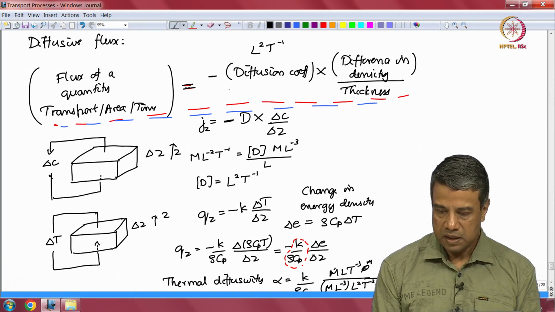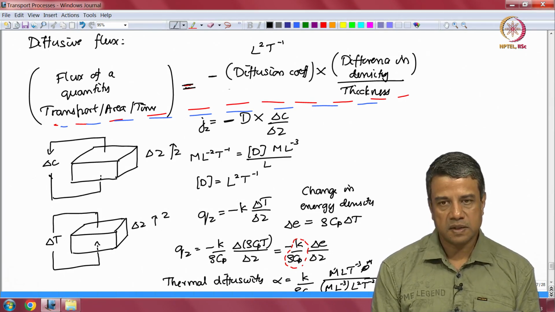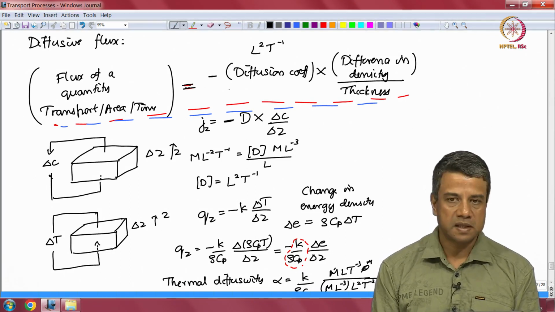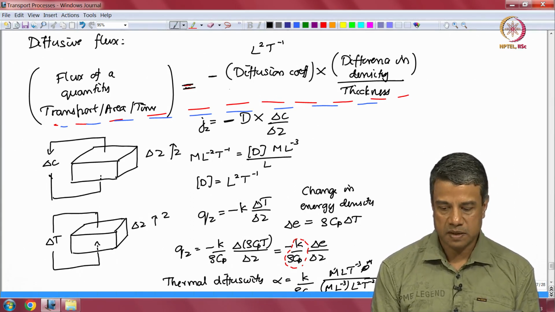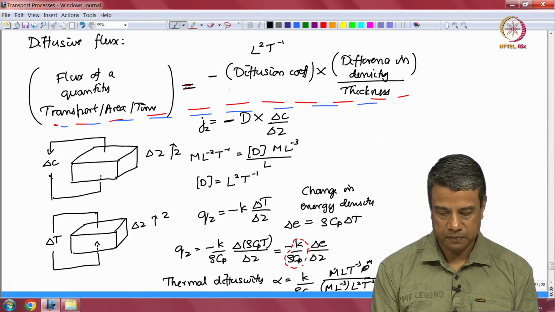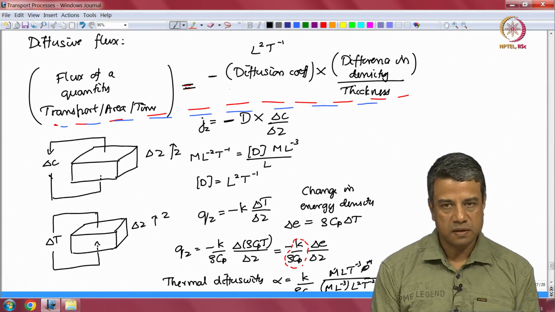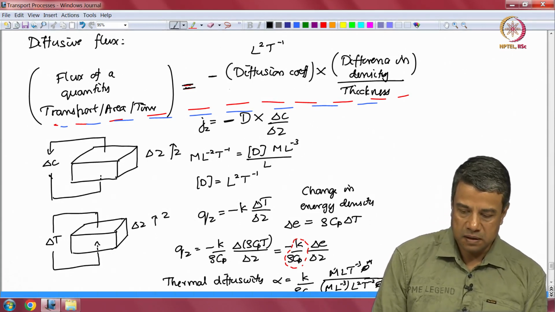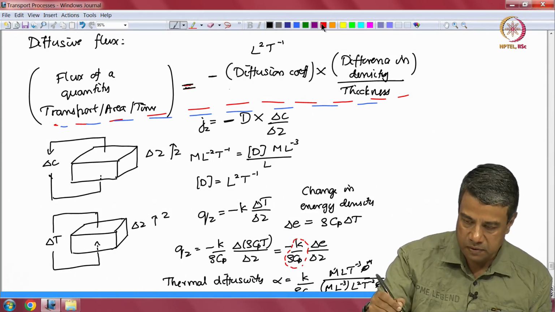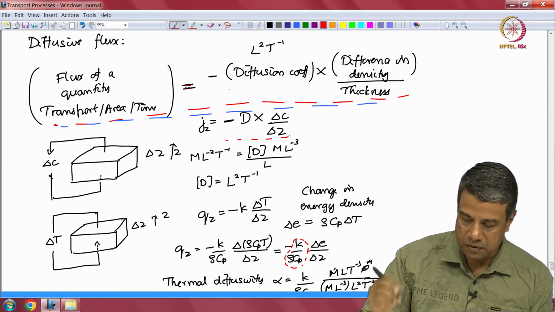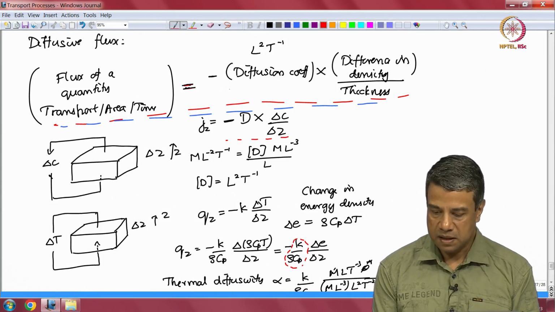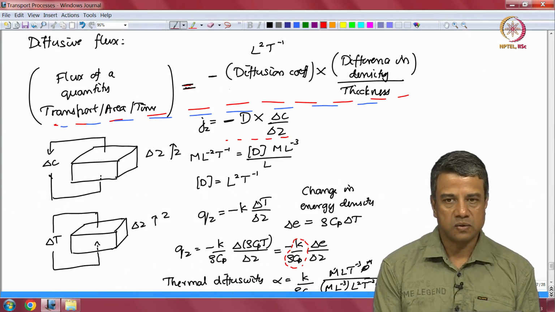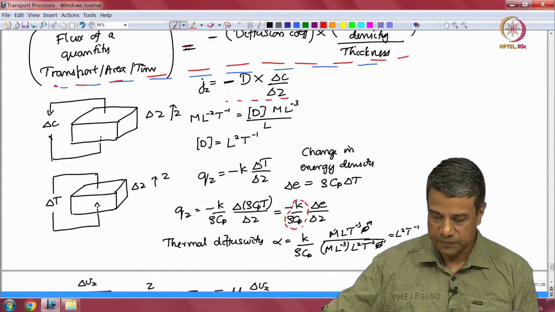And in this, the diffusion coefficient expressed in this manner, the diffusion coefficients, all of them have the same dimension, length square per time. Mass diffusion, Fick's law, the flux is equal to minus the diffusion coefficient times the difference in concentration by delta z, and the diffusion coefficient is just the usual mass diffusion coefficient.